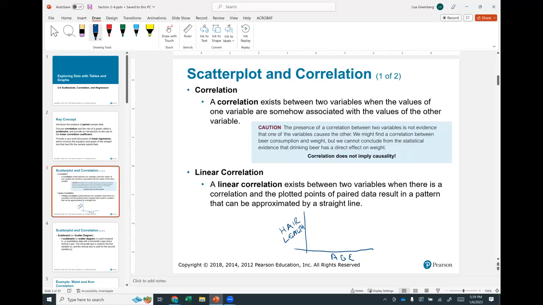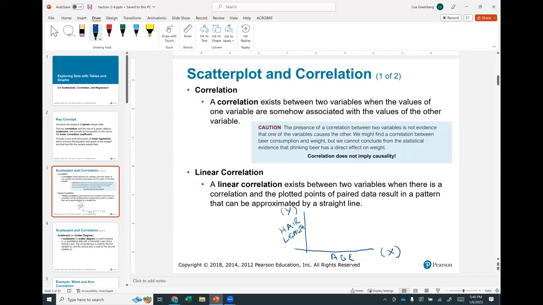If you remember from algebra, you may or may not, this is the x-axis and this is the y-axis. So we have two variables. We'll call them x and y, but here we can call them age and hair length.